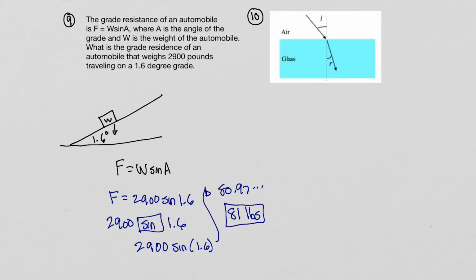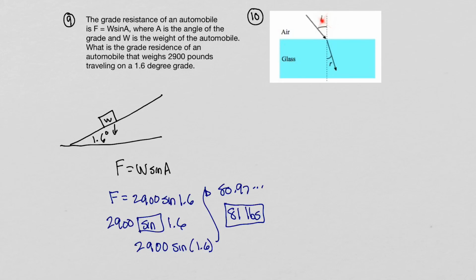In problem 10 here, the last problem we're going to do, this has to do with the study of optics. Suppose now that this is a light ray in air, like a light beam. You have a light beam coming down here, and it hits the surface of glass. Well, the glass is more dense than the air, so the light is bent. You've probably seen this in water, right? You look at a reflection, and it seems to be bent.